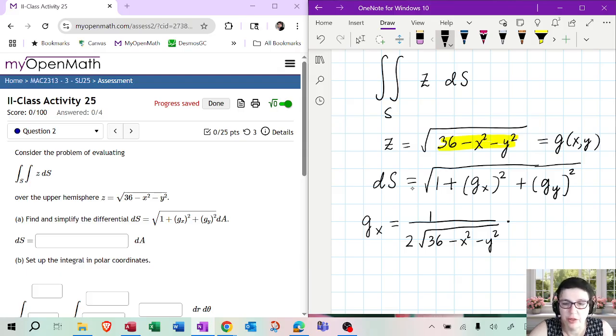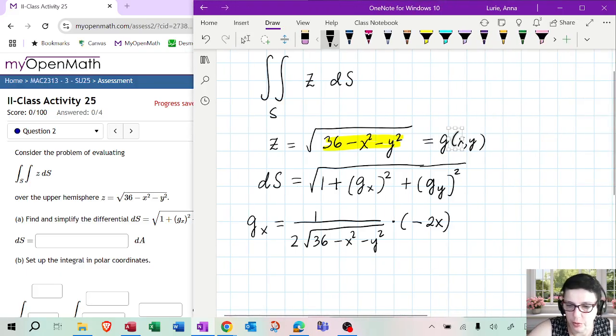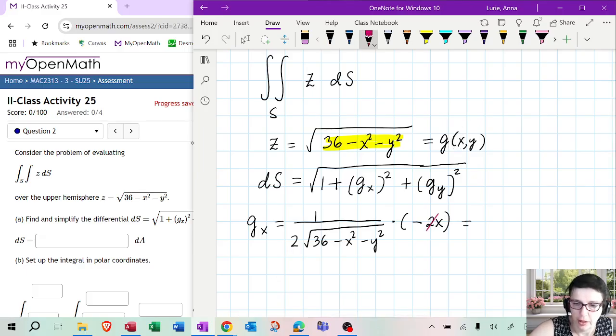Now let's look at it. The derivative of 36 is 0 because it's a number. Then we have minus. The derivative of x squared is 2x. And the derivative of y squared will be 0 because y squared does not have an x. Now we can simplify this further by canceling the 2 over here and over here.